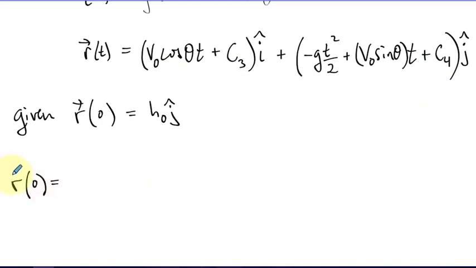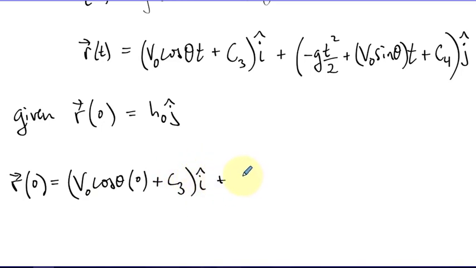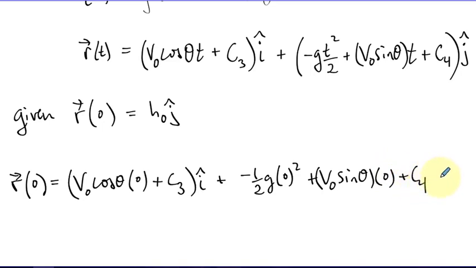So r of 0 would have to be v0 cos theta times 0 plus constant number 3 in the i component, plus, now this would be negative 1/2 g times 0 squared plus v0 sine theta times 0 plus c4.